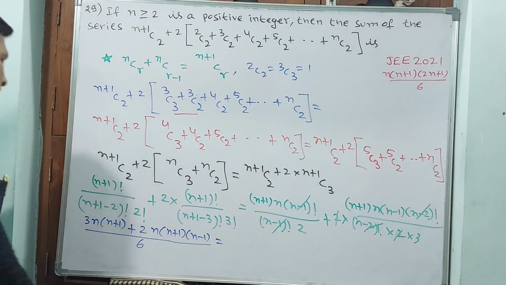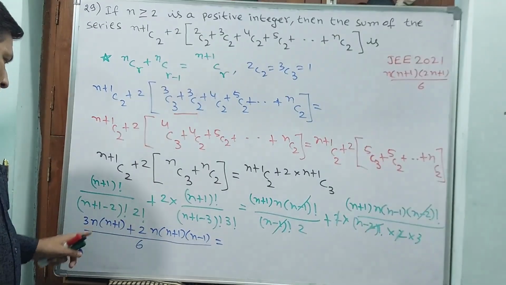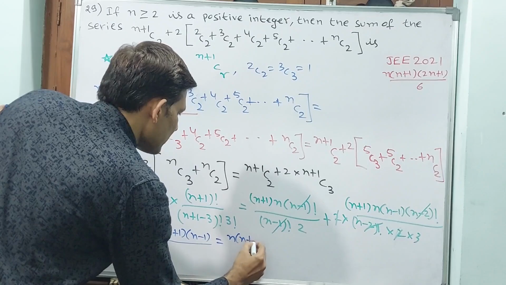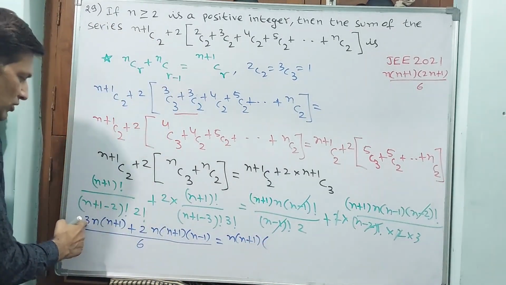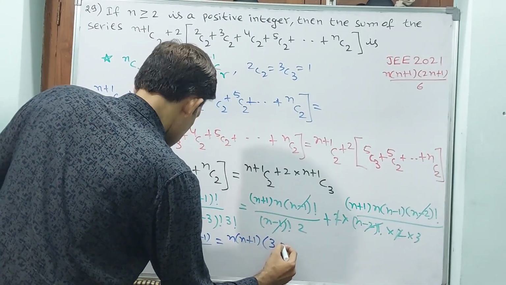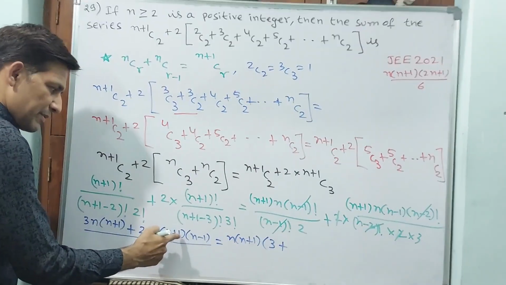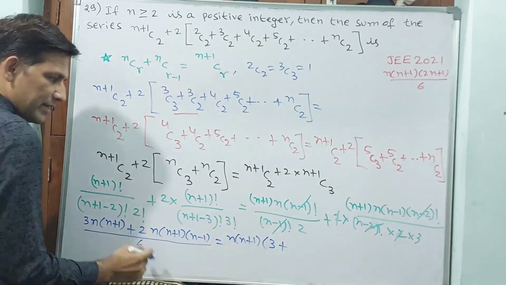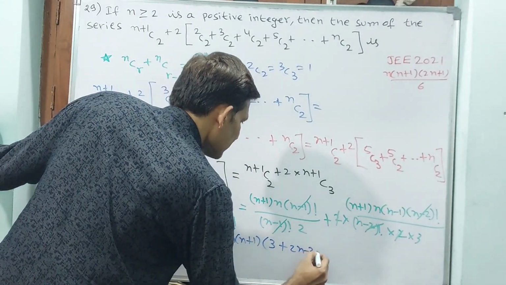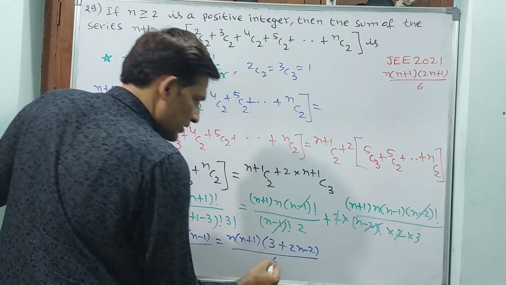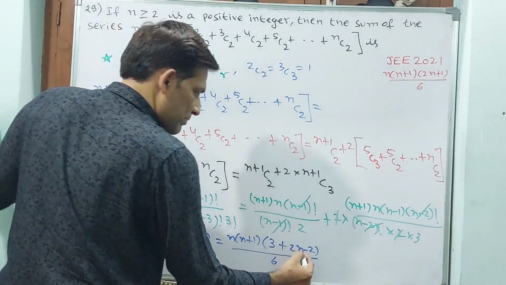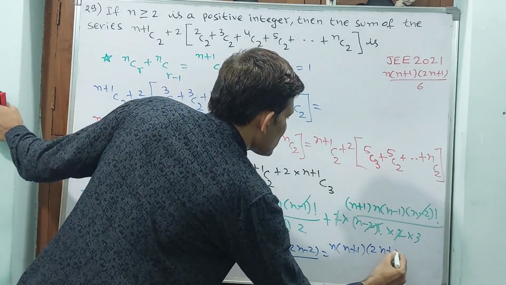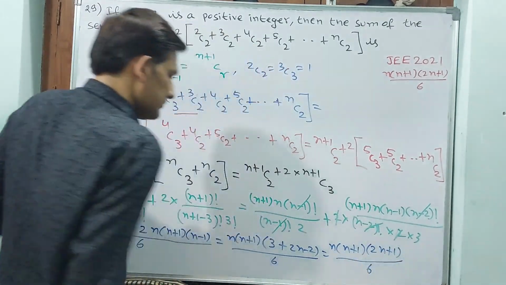That is equal to, here you take n into (n+1) common. If I take n(n+1) common, here only 3 will be there, plus 2n minus 2, because (n-1) into 2 will be there, all divided by 6. You see, 3 minus 2 is 1, so 2n plus 1. So we get n into (n+1) into (2n+1) divided by 6.